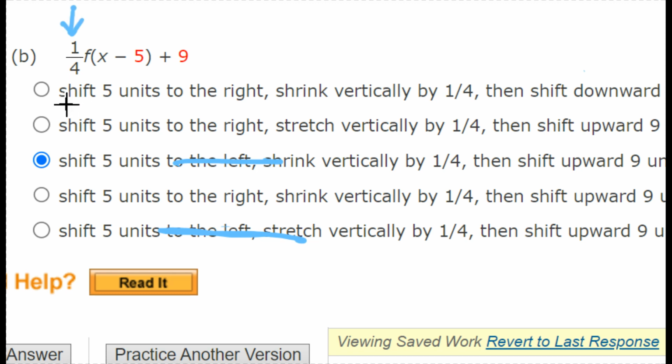But if that number is less than 1, then technically that stretch is a shrink. So I'm not sure what they mean. Like, you could always just say it stretches vertically. And to me, you always could say that.